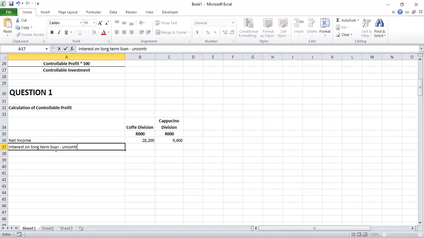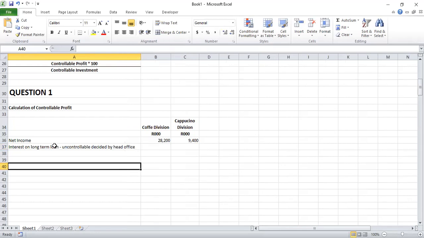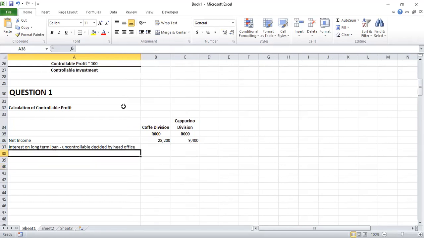Uncontrollable. Decided by head office. So we'll not include the interest on the long-term loan.